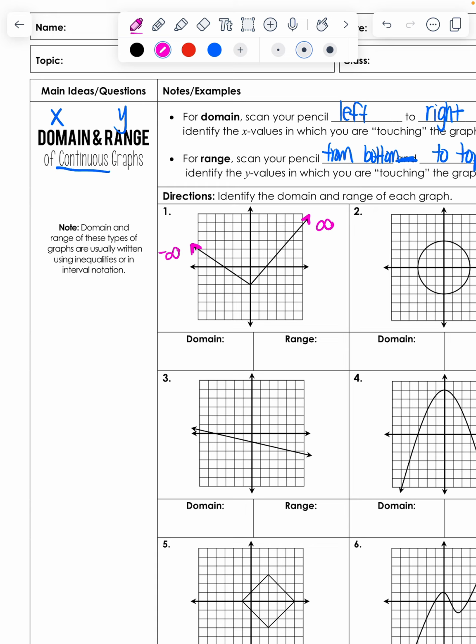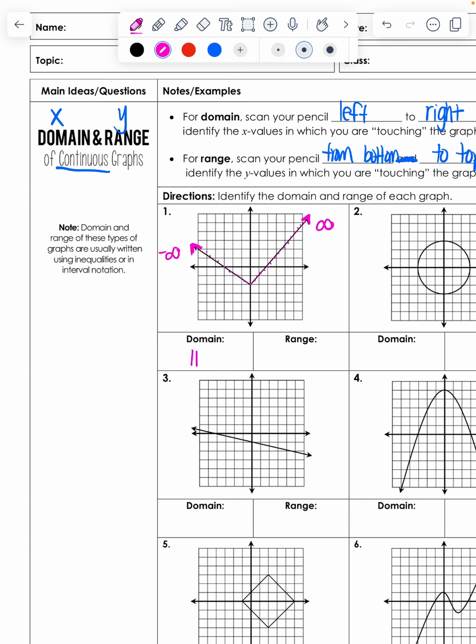So the domain for this one's interesting because, of course, we can't list it because that's impossible. How could we list every single point in between all of the integer points with the decimals and fractions for all the points that would make this line and then go on forever in that direction and that direction? That's impossible. So what we would do for this one and all of them is either use an inequality, or in this case, the inequality doesn't have to be used because the domain, the X values for this graph, are actually all real numbers.